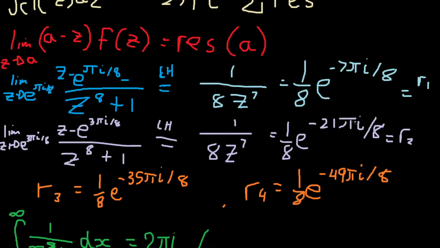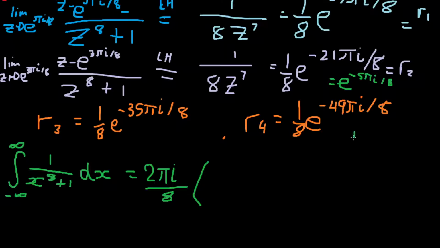We can rewrite this r2 as 1/8 e to the negative 5 pi i over 8, right, because factoring out a 2 from the top, it's just 2 plus 5 over 8, this fraction.